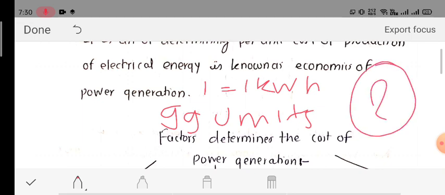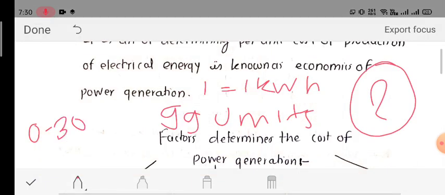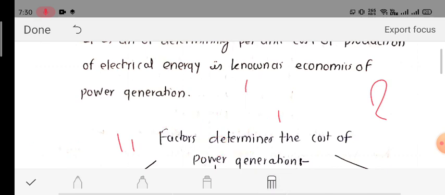The charges for Maharashtra in between 0 to 30 units is 40 paisa. For 0 to 100 units it is 1.99, so near about it is 2 rupees. So you are consuming 99 units in a month.